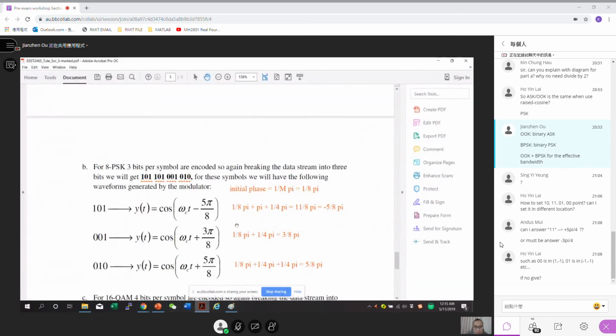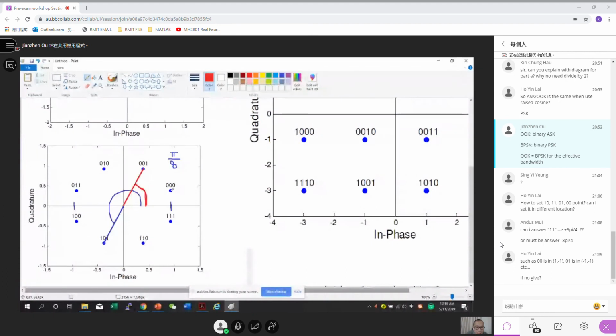It's 1 over 8 pi plus 1 over 4 pi. My logic is, this is the initial phase here, which is pi over 8. Then the angle between each point is pi over 4. So that's why it's pi over 8 plus pi over 4.